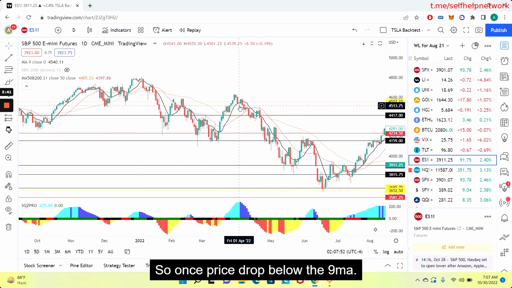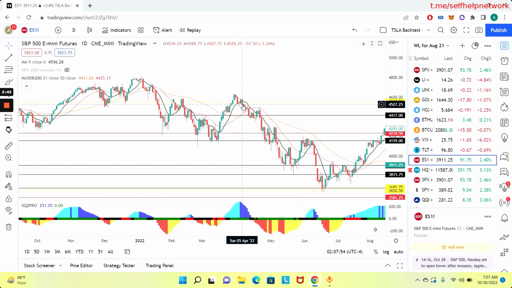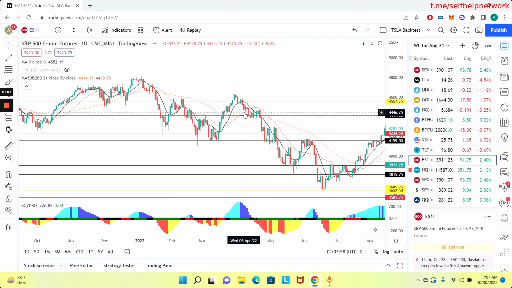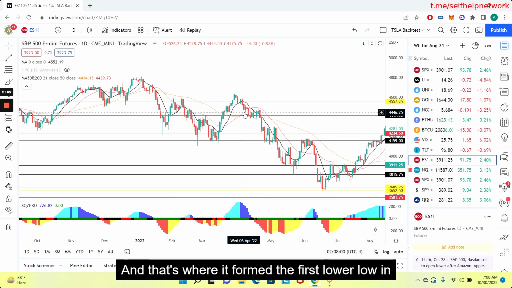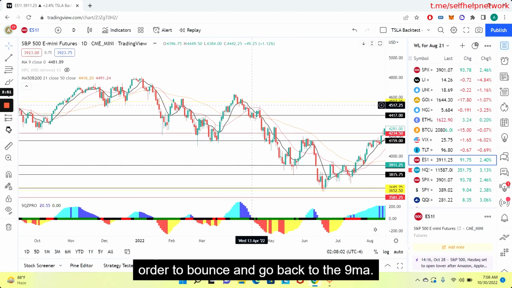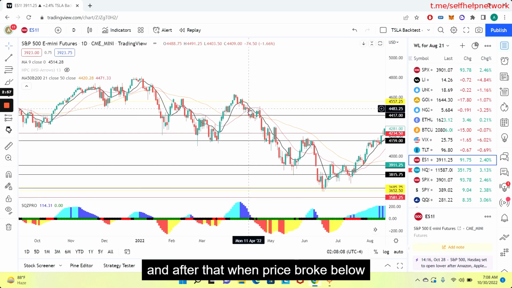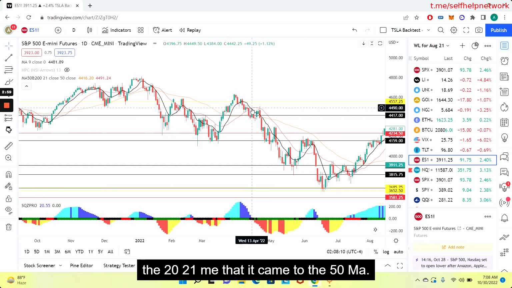So once price dropped below the 9 MA, it started moving lower, and it came to the 21 MA. And that's where it formed the first lower low in order to bounce and go back to the 9 MA. It's only after the rejection at 9 MA and after that when price broke below the 21 MA that it came to the 50 MA.